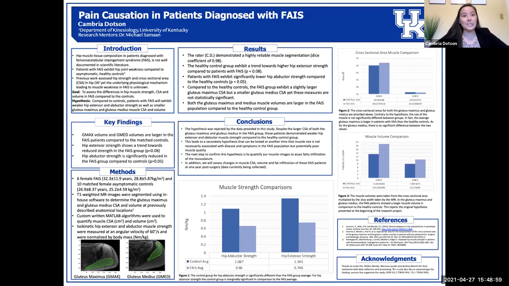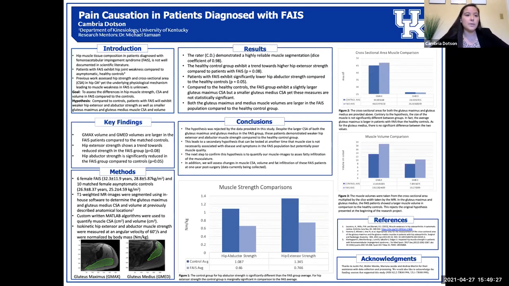So I know Dr. Saman can answer a lot more about this than I can. But from what I know about FAIS, it happens in all populations and especially in a lot of younger populations. So a lot of people after sports. It can be like you may have it and you just are unsure because it's not causing you pain. Whereas in the people where it causes pain, they go and they look for information on how to make that pain stop.